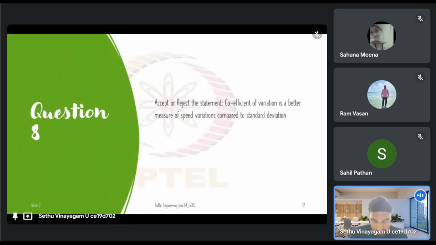Okay. The next question is, coefficient of variation is a better measure of speed variations compared to standard deviation.